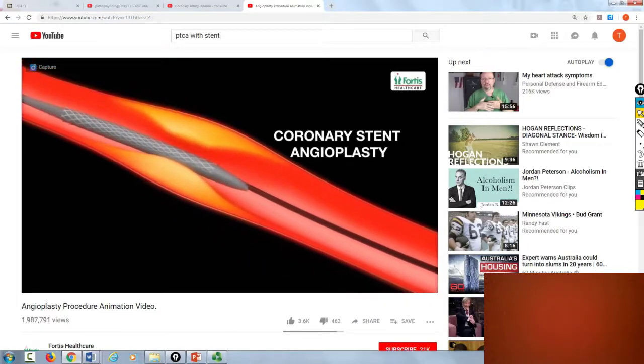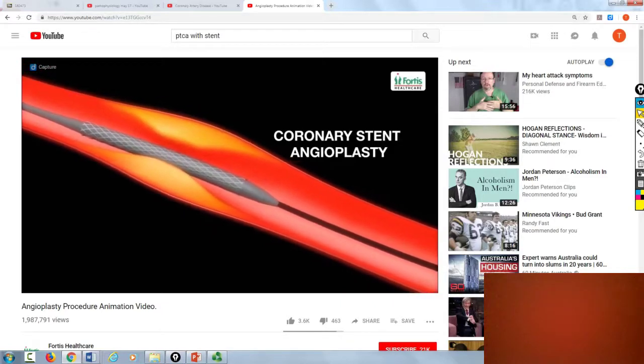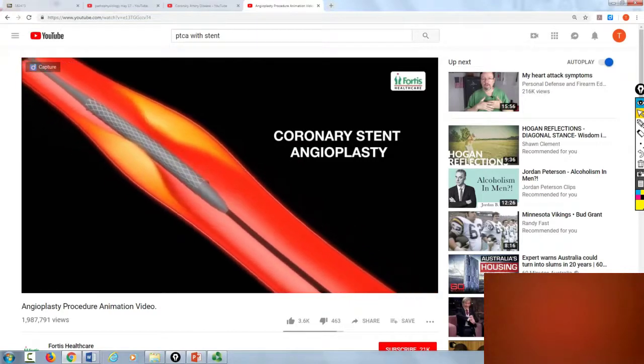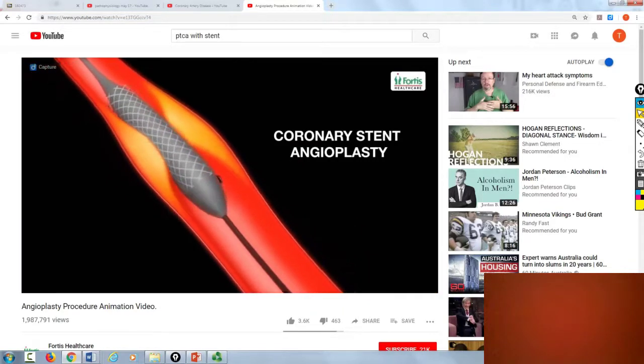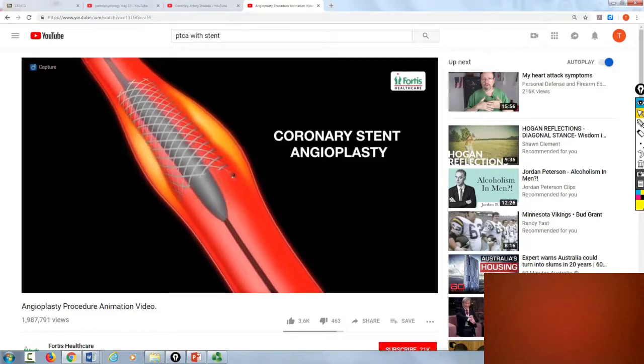Now this is much more non-invasive than cutting somebody's chest open and then doing bypass surgery. And that stent will remain in place.